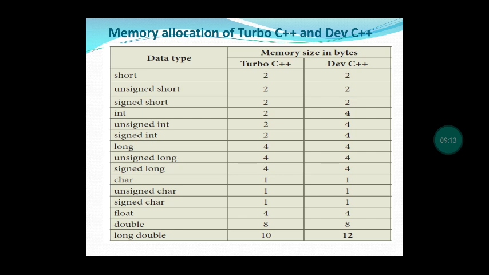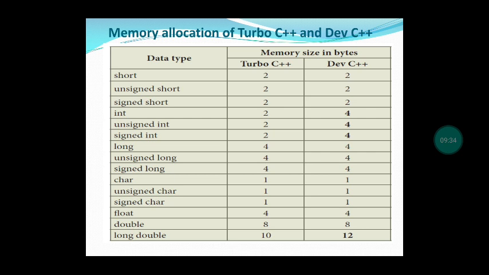And for long, unsigned long, signed long, both are the same, that is, a memory size of 4 bytes. Next, character, unsigned character, signed character: the memory size for both Turbo C++ and Dev C++ is 1. Also float, both memory sizes are 4.